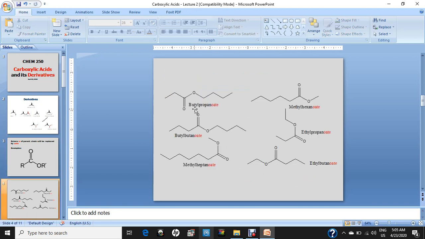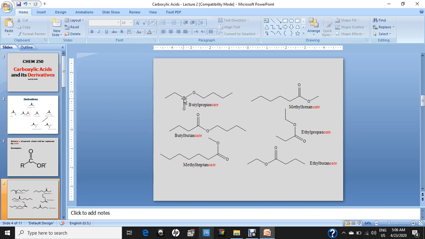If I take this compound, C double bond O, please focus here: 1, 2, 3 carbons. Then oxygen, then 1, 2, 3, 4. No matter that there are 4 carbon atoms here, which is the longer chain, because of this oxygen we cannot consider it the main chain, since the carbonyl carbon will not be included in it.